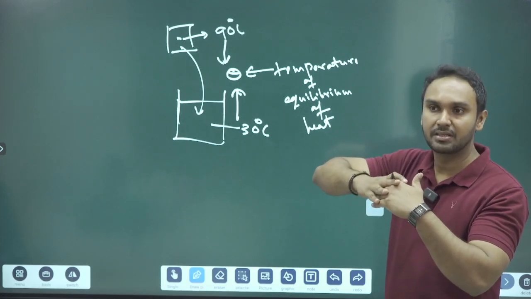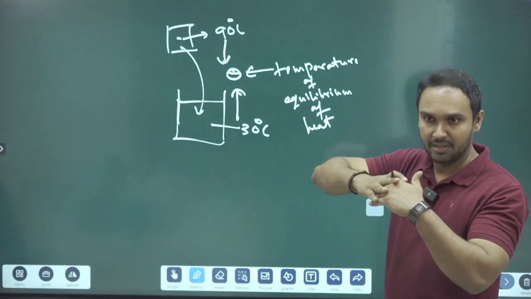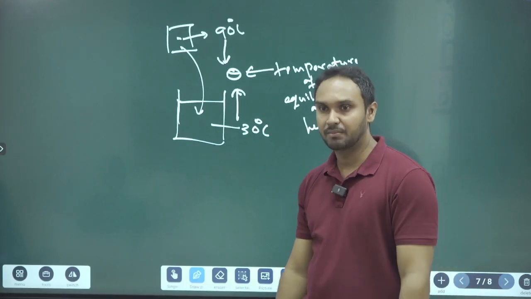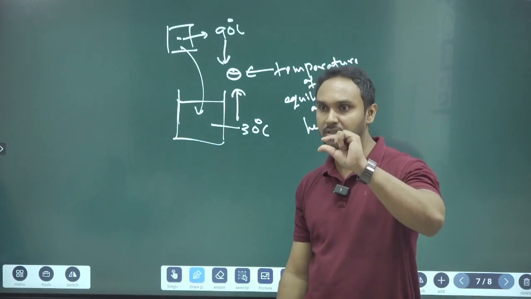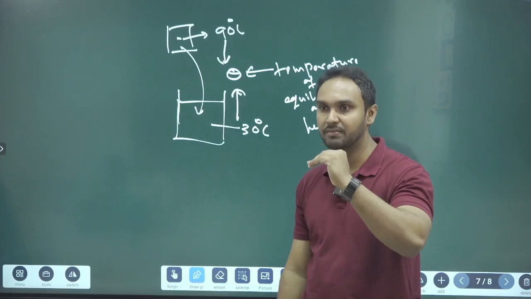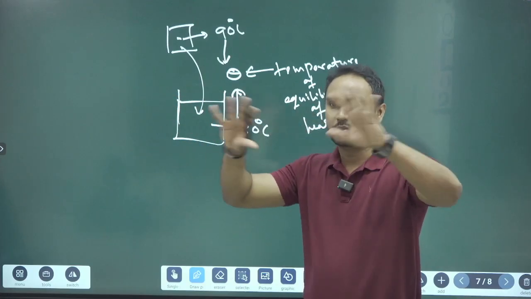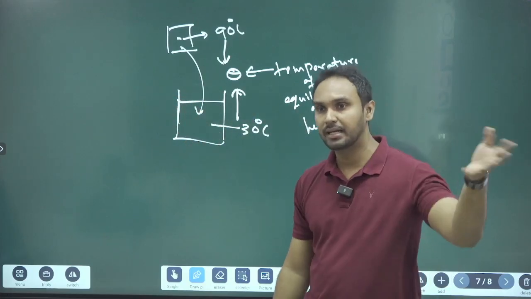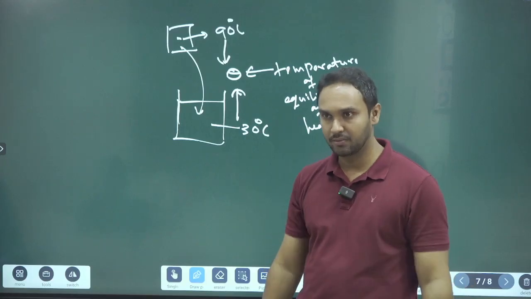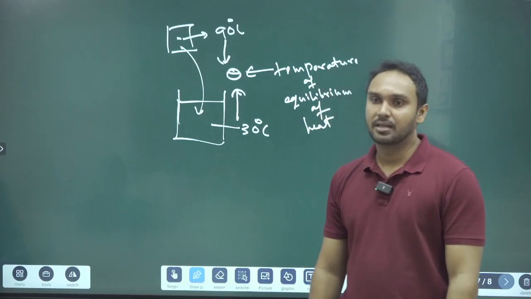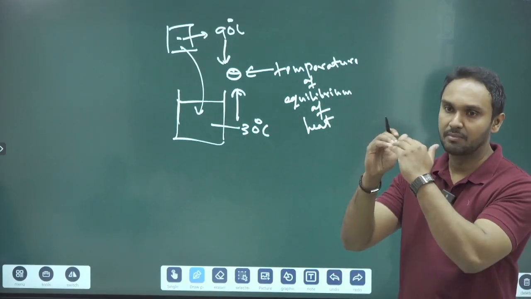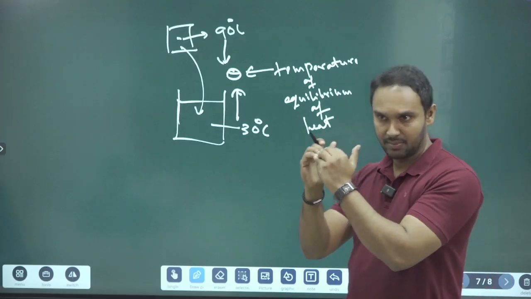We call that the temperature of thermal equilibrium, and it will stay constant at that temperature if none of the other things are absorbing their heat. If someone else absorbs their heat, then their heat will also decrease.